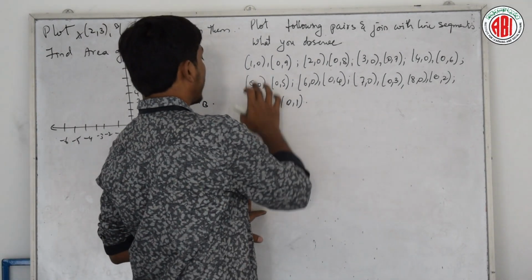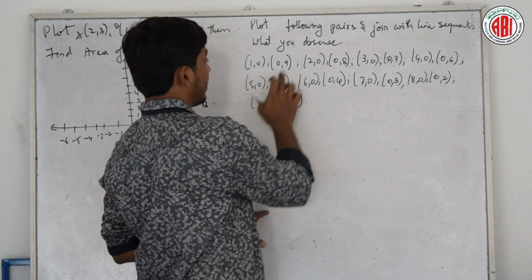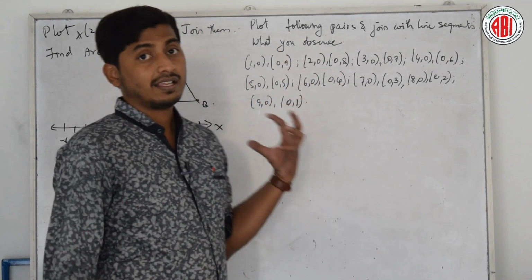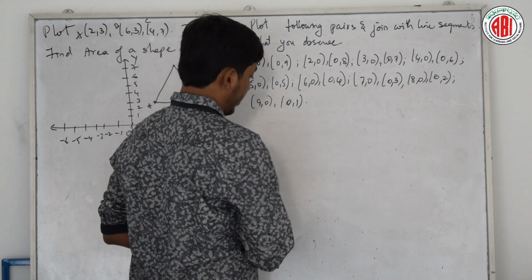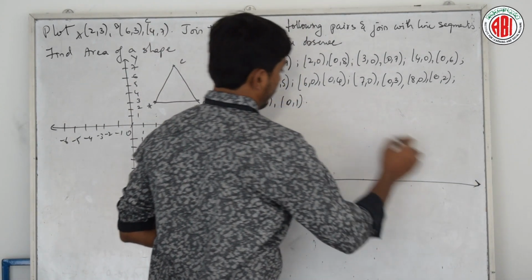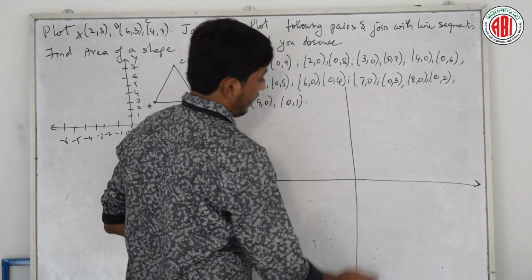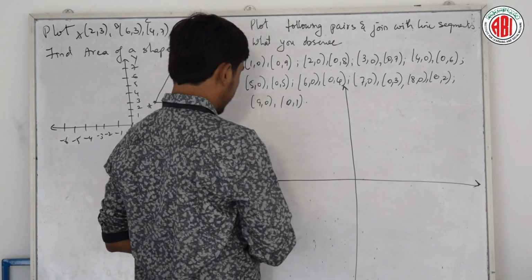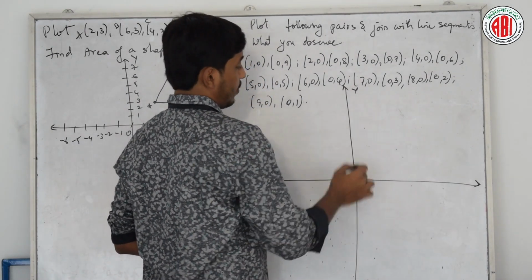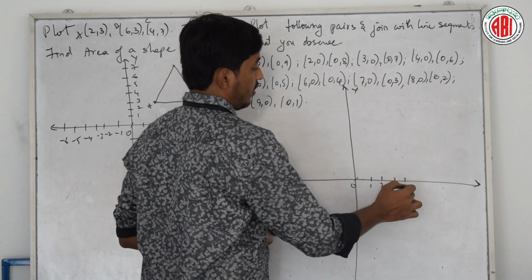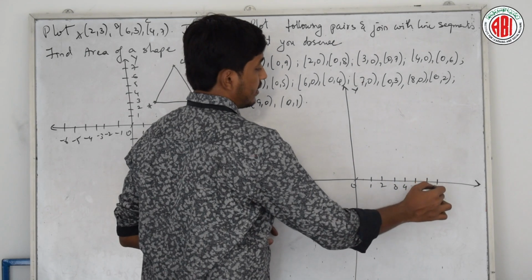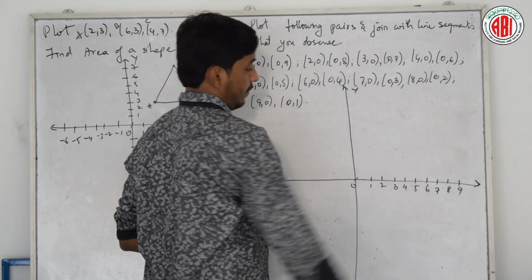See here. The maximum number is 9 on the x-axis and y is also 9. So let us draw a very big graph in which we can get all the points. This is x, this is y. 0, 1, 2, 3, 4, 5, 6, 7, 8, 9.